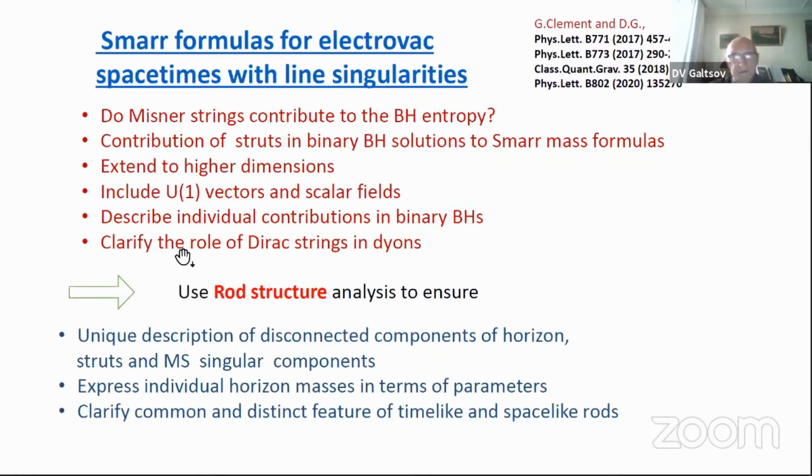There are a lot of them, and also for NUTs, and also for magnetically charged solutions with Dirac strings. So the useful construction to treat these things in a universal way is the so-called rod structure, which finally allows you to express individual masses of multi-component solutions containing strings, struts, and so on, and black holes.